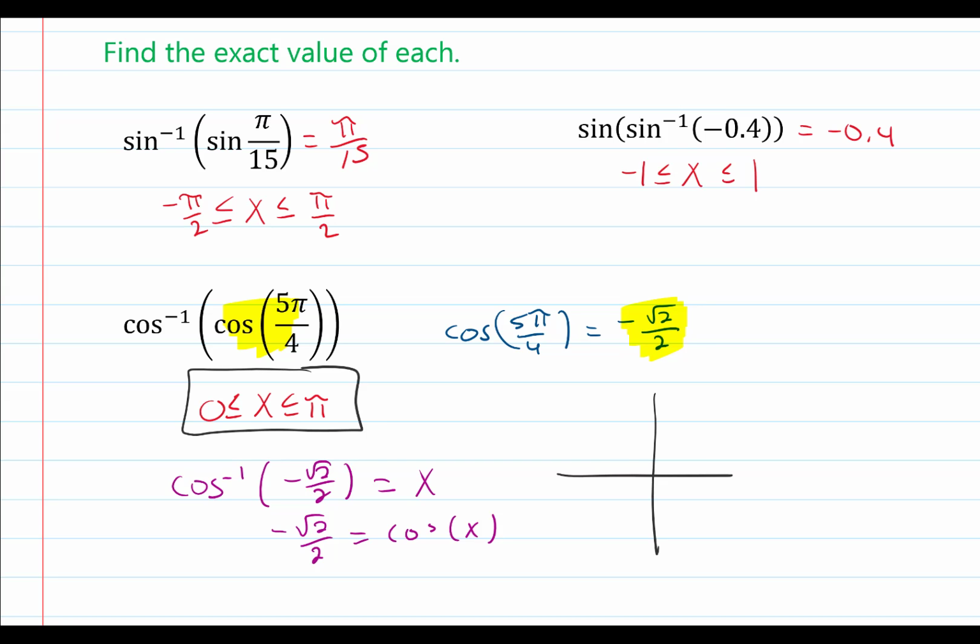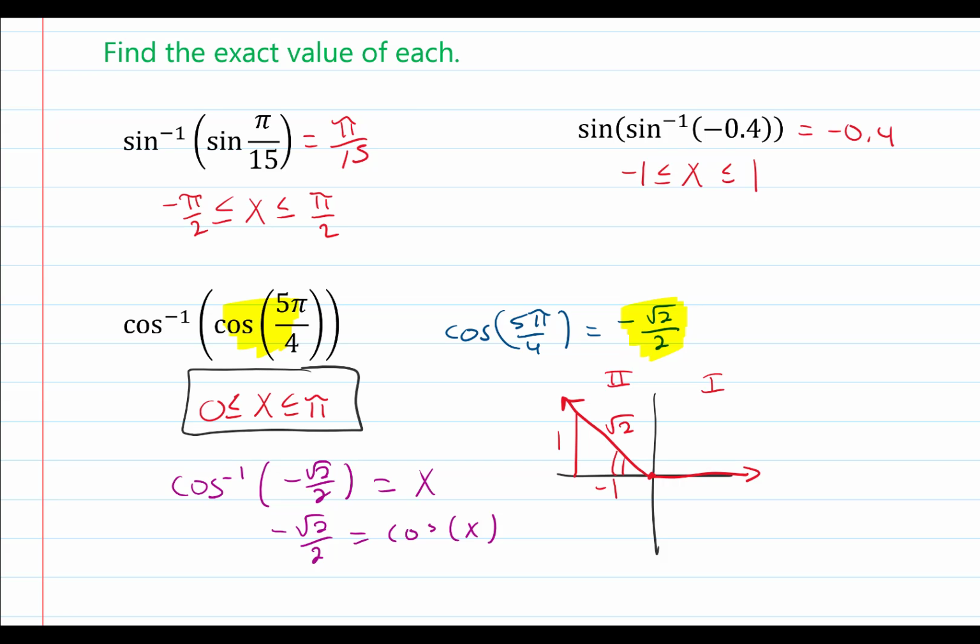To do this, I will put the initial side on the positive x-axis. The terminal side will go in quadrant 2 because, again, I'm only defined for quadrants 1 and 2. And because the ratio is negative and cosine is negative in quadrant 2, that's why I'm putting the terminal side in quadrant 2. I know that the adjacent side will be negative 1, the opposite side will be positive 1, and the radius is square root of 2.